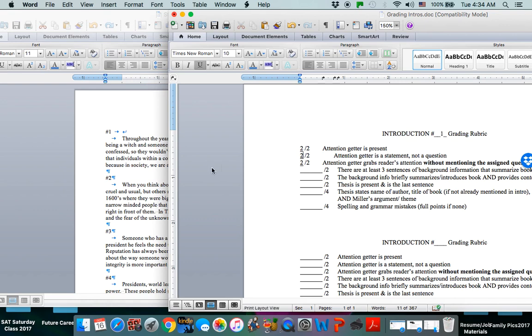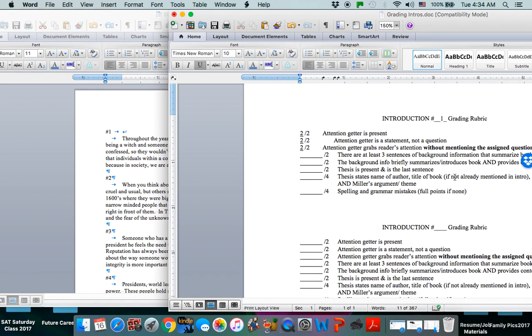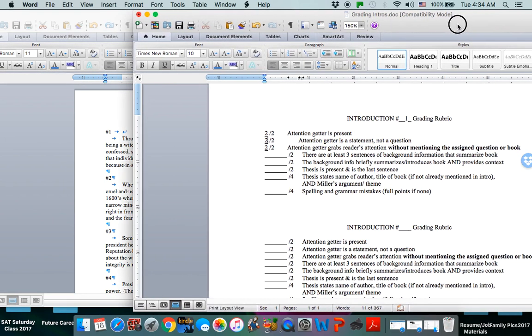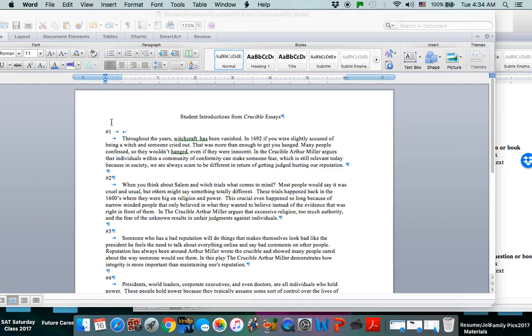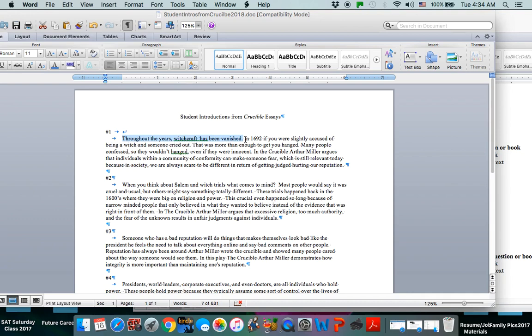Now, the next part we're looking for: there are at least 3 sentences of background information that summarize the book. Let's count. Your background info is everything between this first sentence and the very last sentence, which should be your thesis.